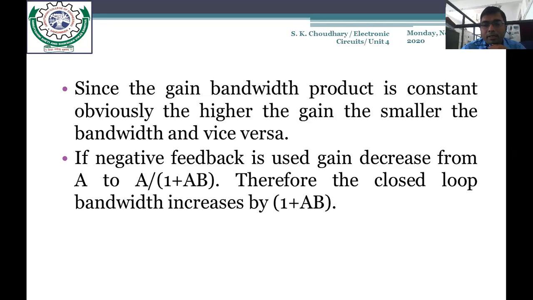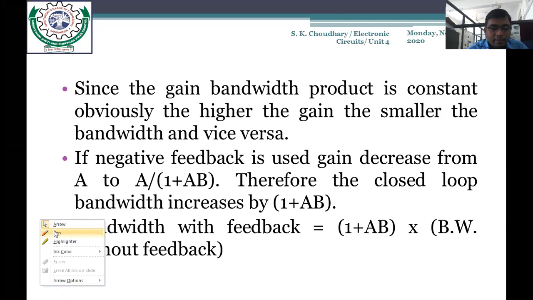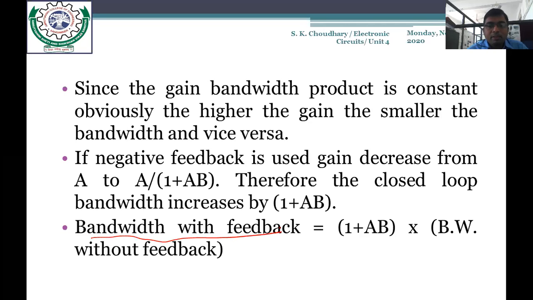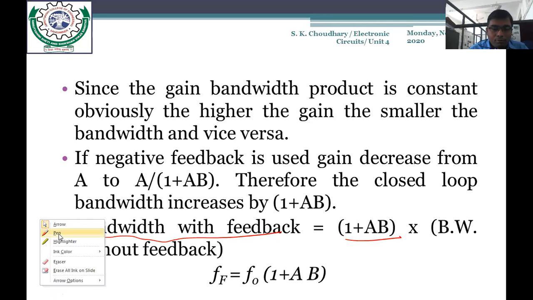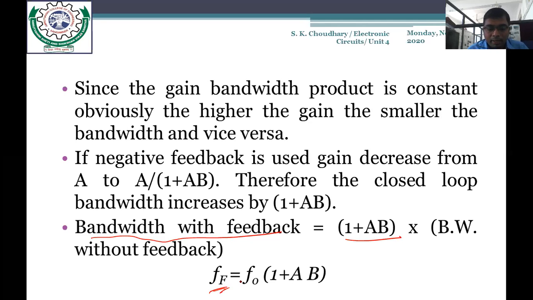We have already calculated this. That means if the closed loop gain decreases by 1 plus AB, its bandwidth would increase by the factor of 1 plus AB. So here you can directly write that bandwidth with feedback is equal to 1 plus AB into bandwidth without feedback.